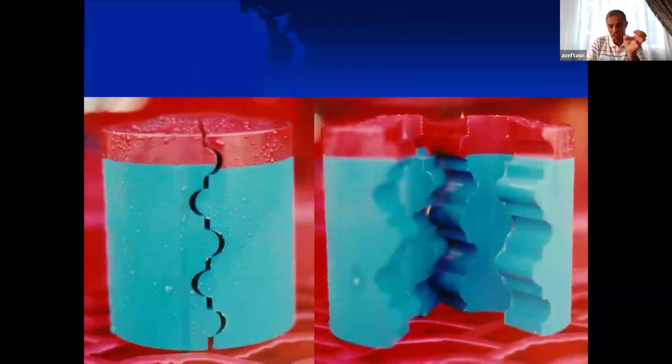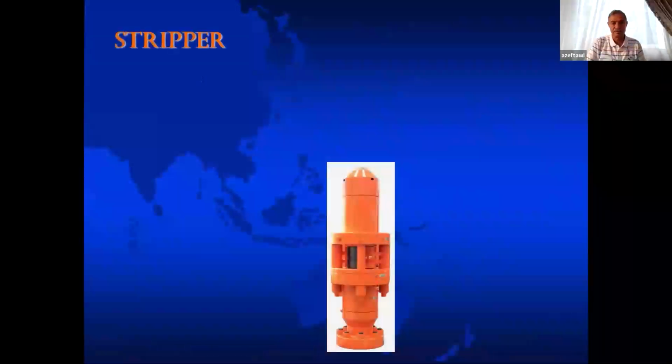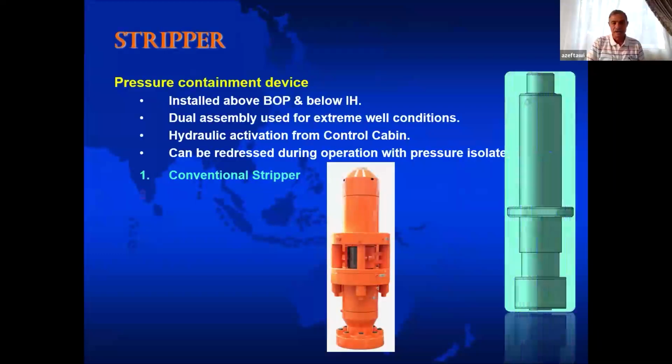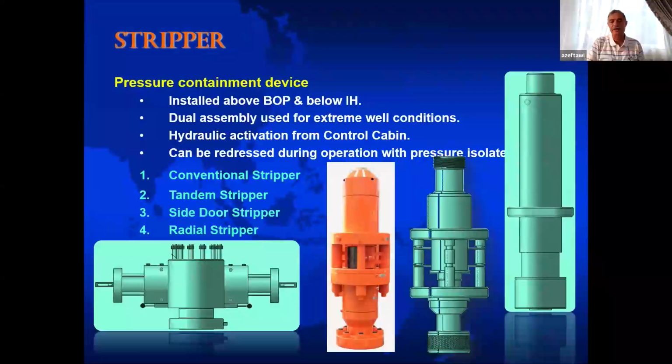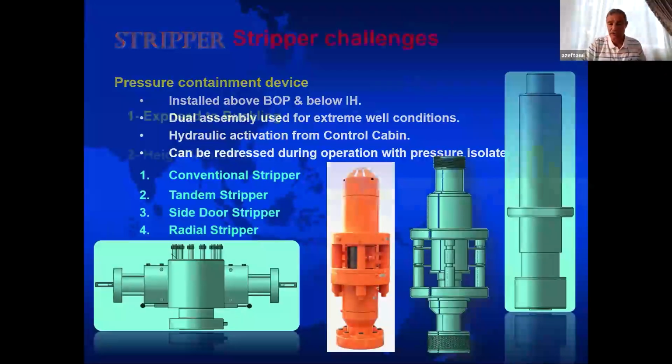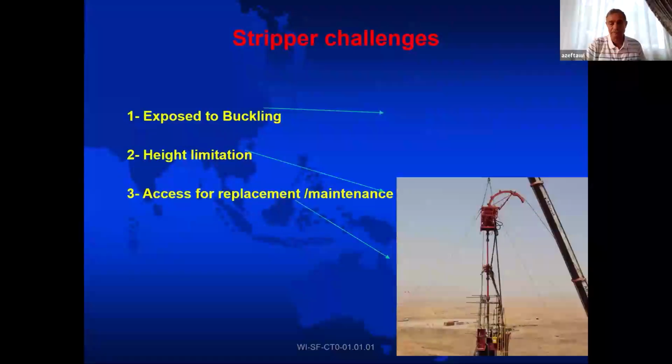This is how it looks, and this is when it is closed, both sides closed. We have different types, but the common type we use is what we call the side door stripper, which we talked about.